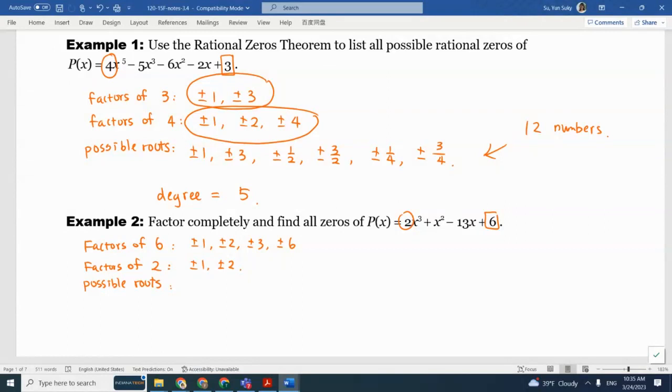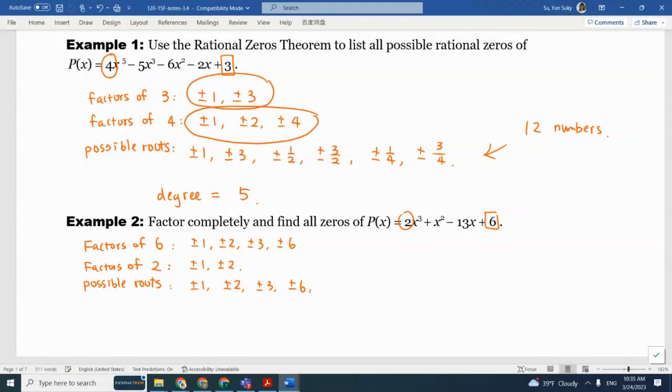Plus or minus 1 is... And then plus or minus 2 over plus or minus 1? Yes. And then plus or minus 3 over plus or minus 1? Yeah. Plus or minus 6 over plus or minus 1?